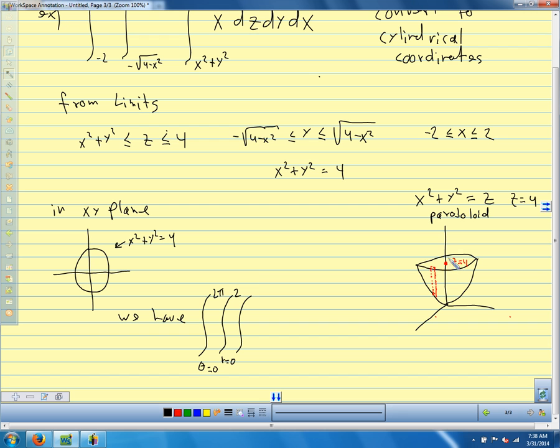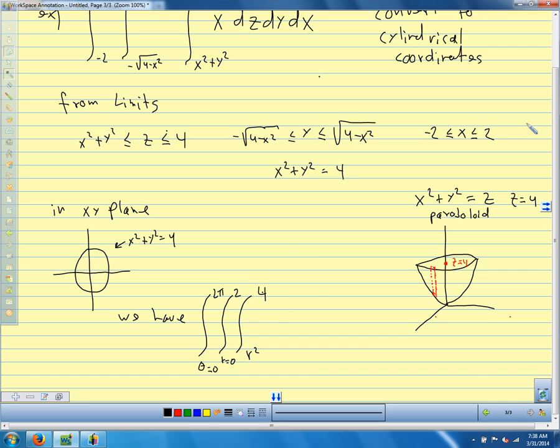And Z is varying from z equals x squared plus y squared, in cylindrical coordinates, r squared. Z is varying from r squared to 4.